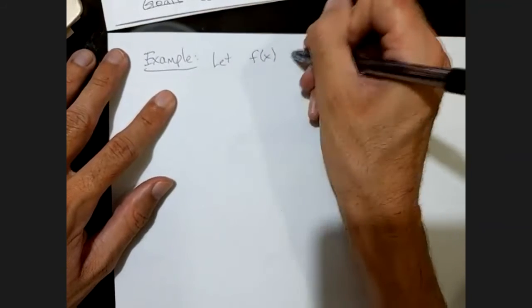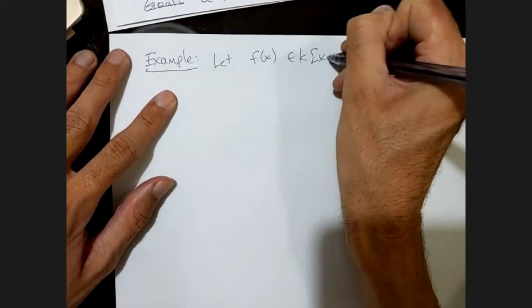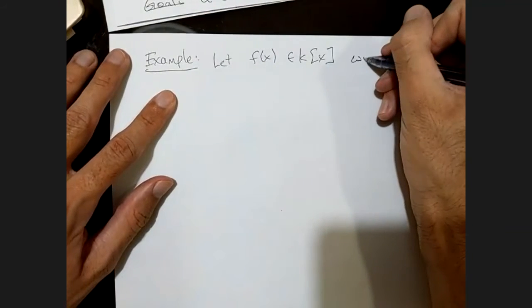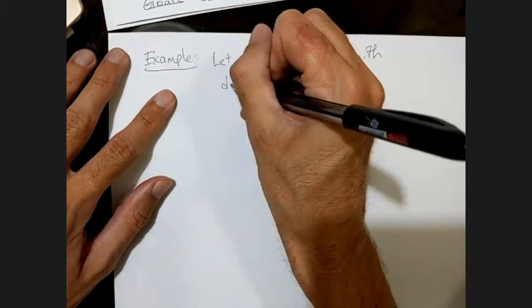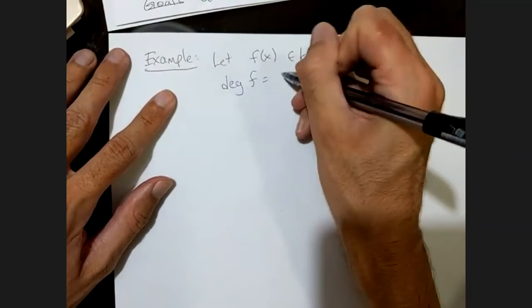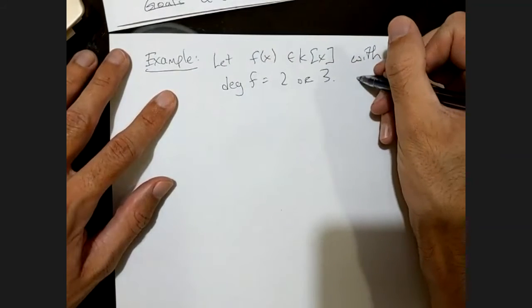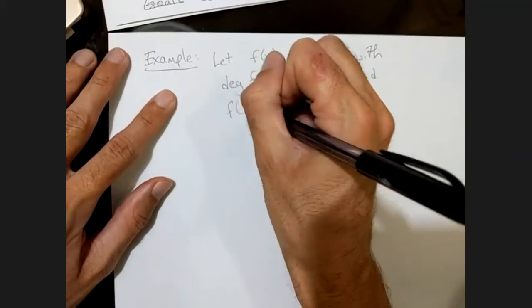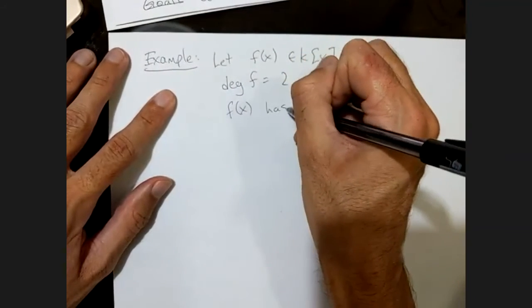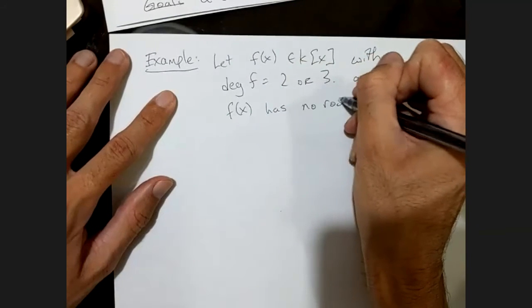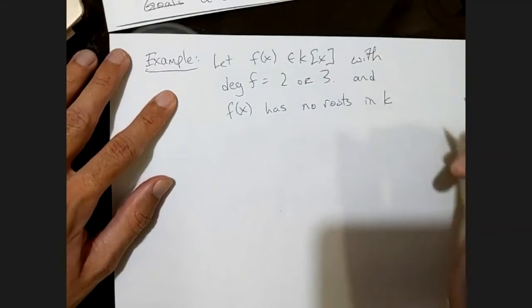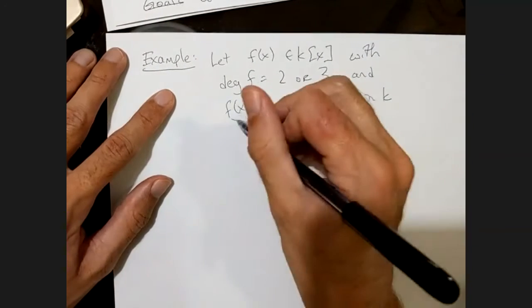Let f of x be a polynomial with the degree of f equal to 2 or 3, and f of x has no roots in k. What does that mean, no roots in k?